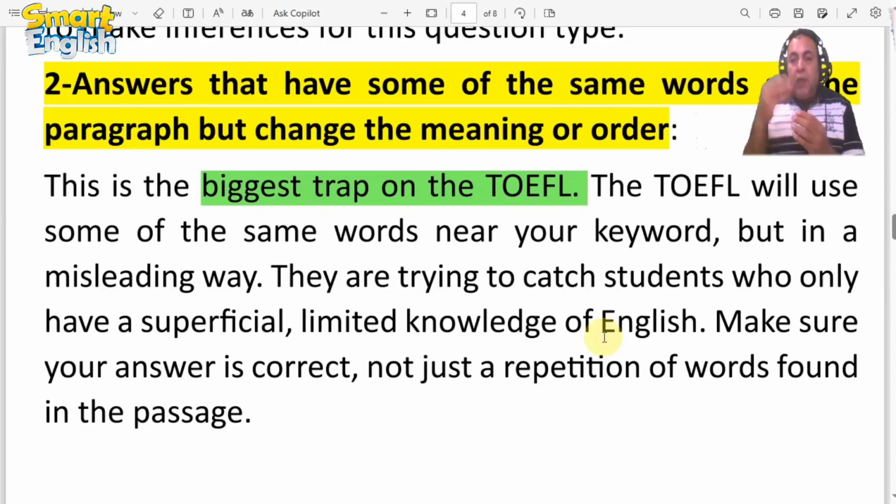You have to go deeper and think whether this choice has a connection to the main idea or not. If it has a connection to the main idea and the same vocabulary, it is the right answer. If it has the same vocabulary but not the same idea, or it expresses another idea, it is not the right answer. It is incorrect.